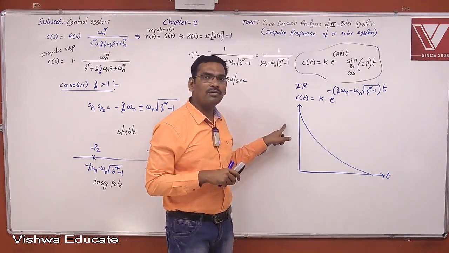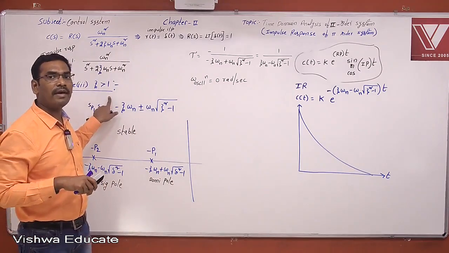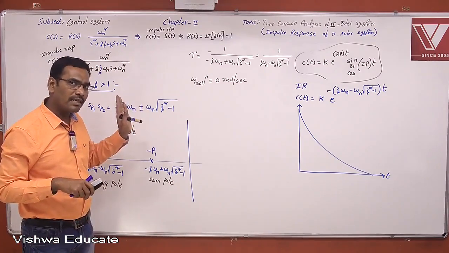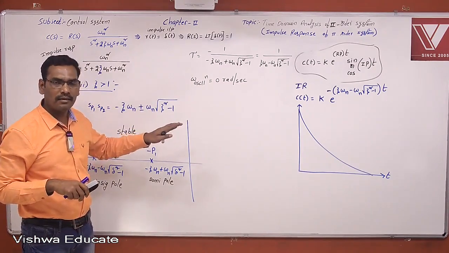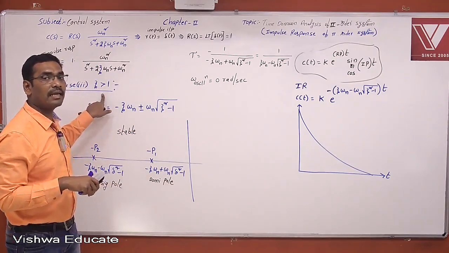But now you come to zeta greater than 1, meaning you cross the zeta equal to 1 value also. Zeta 0 is oscillatory nature, 1 is no oscillation but only a positive half cycle. But now you cross 1.